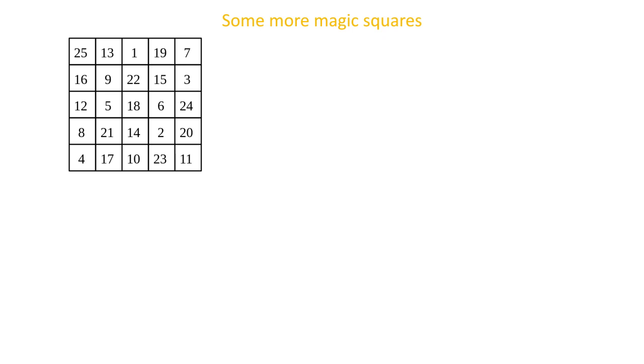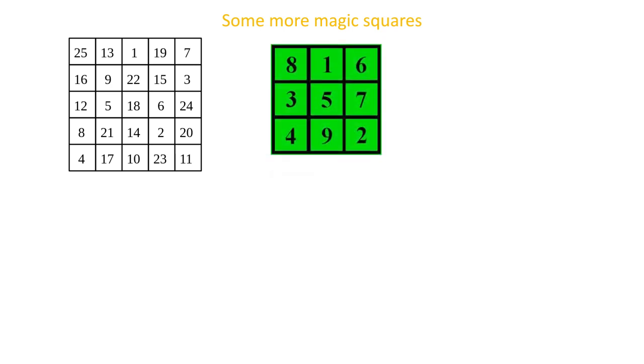In the same manner as we did in the last slide, we can check for all the rows, all the columns and the diagonals, add all and check whether the sum is coming 65 or not. If it is coming, then it is a magic square, and if it is not coming, then it is not a magic square.